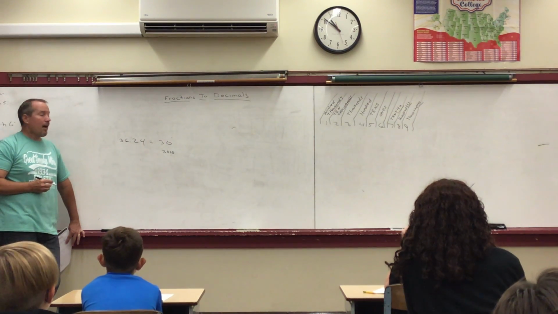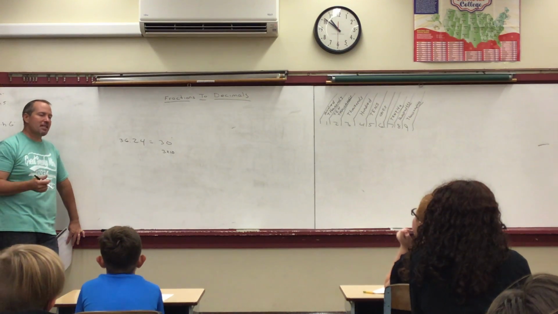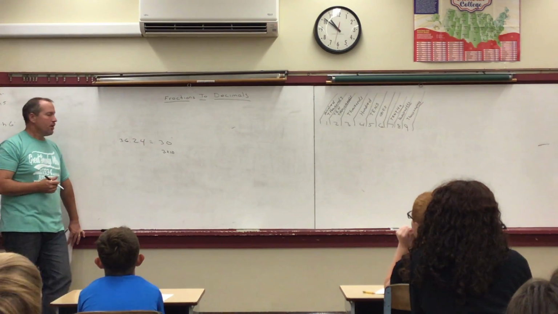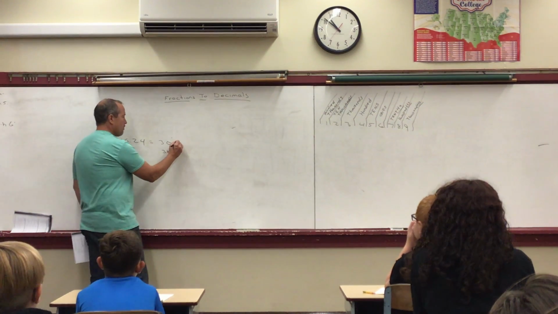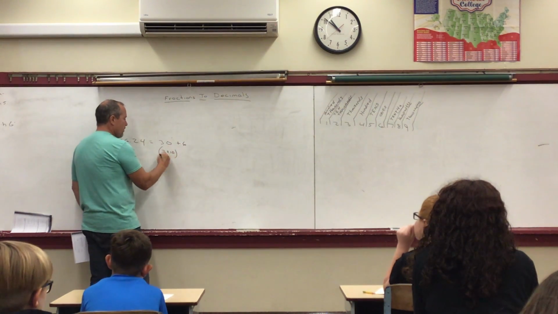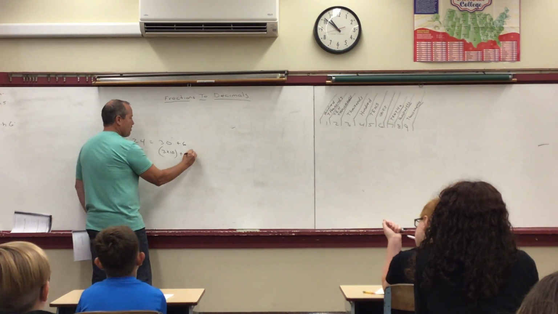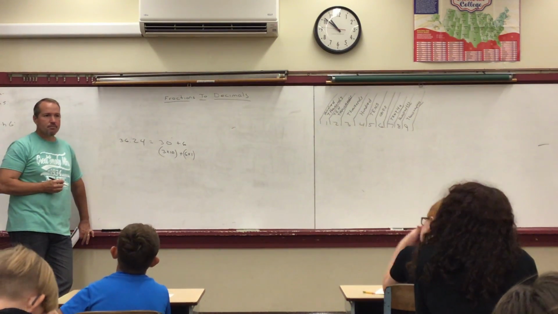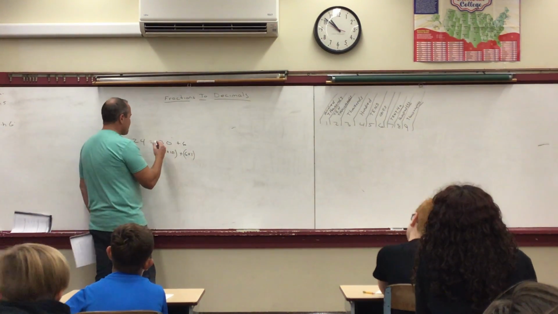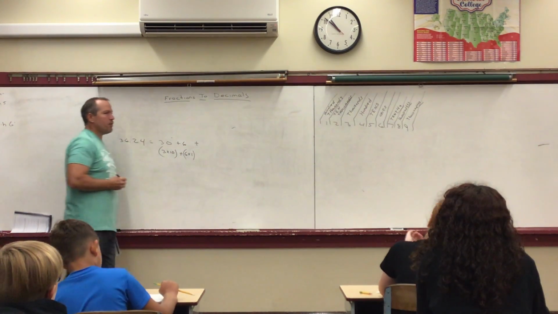And then the next digit would be the 6. The 6 is in what place? Ones. And so the value of the 6 would be 6. So it would be plus 6, or then we put it in parentheses and put plus 6 times its place value, 6 times 1. Right? And now the next digit is going to be the 2. What place value is the 2 in?